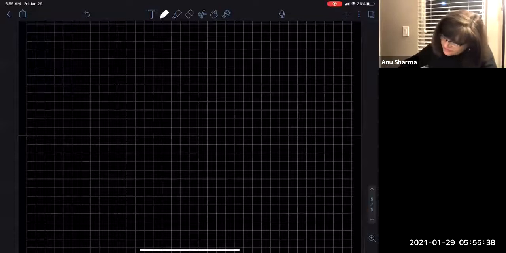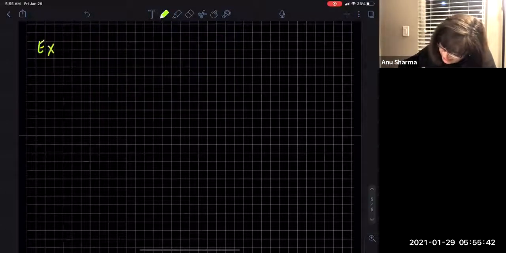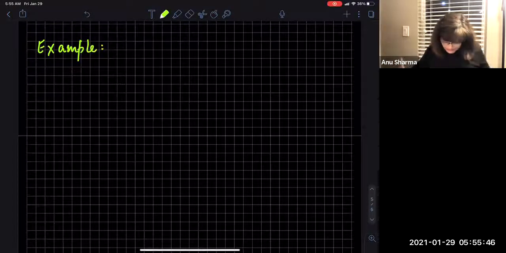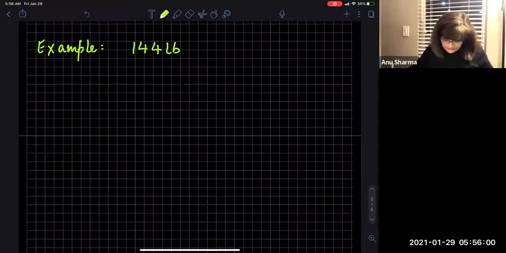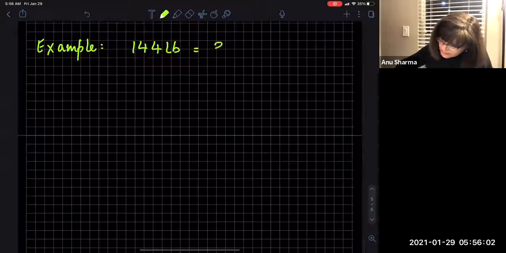Let us say this is one example. Here you are given that one person weighs 144 pounds. What is the weight in kilograms?